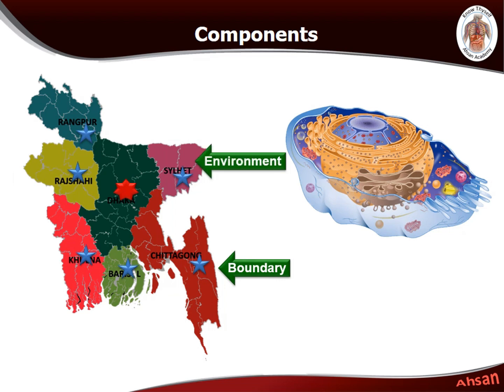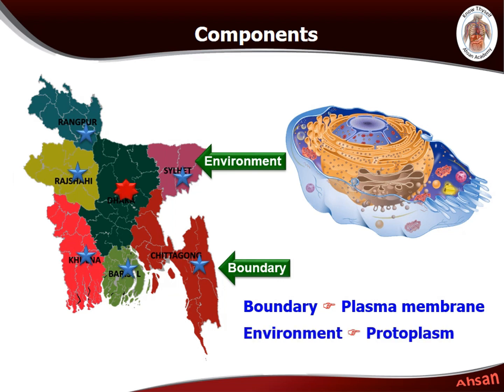Within the boundary there is an environment which may match with other countries or may differ grossly. So the cell similarly has one boundary that separates it from the external environment or from other cells, and within the cell, the environment is known as protoplasm. So the boundary is the plasma membrane, and the environment within the cell is the protoplasm.